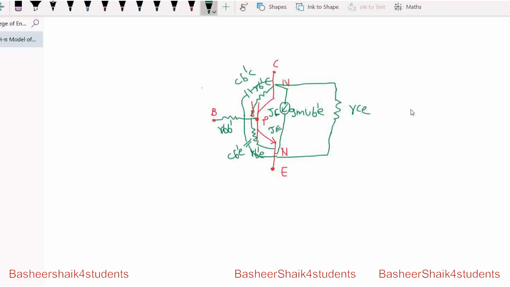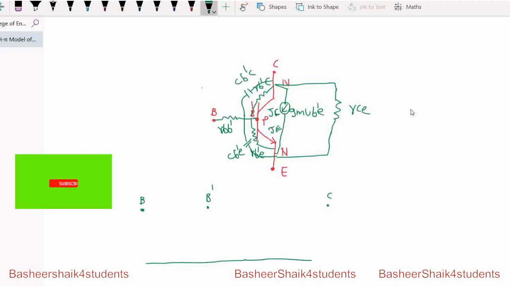This is the external base terminal, followed by the internal base terminal B dash, and the output terminal is the collector, and the emitter acts as common to both the input side and the output side.